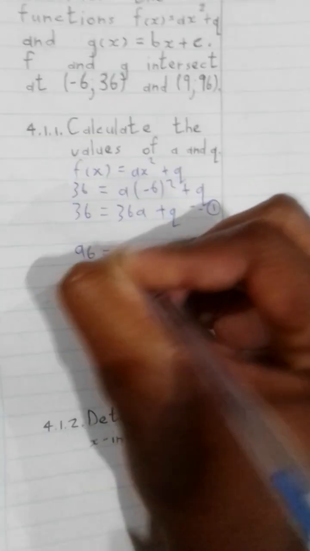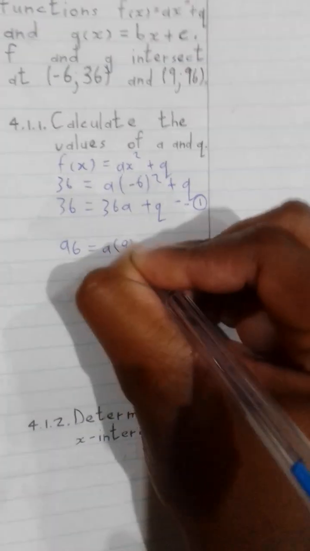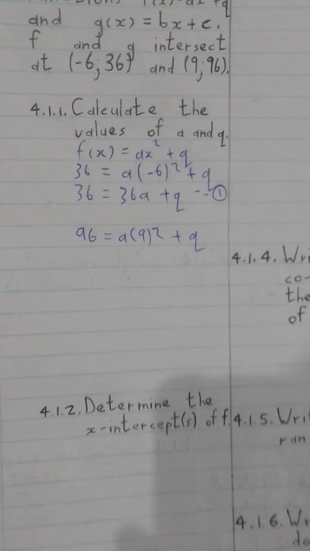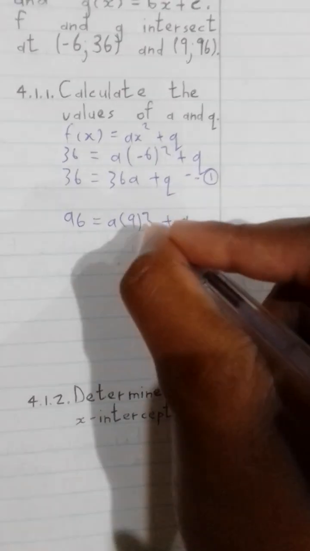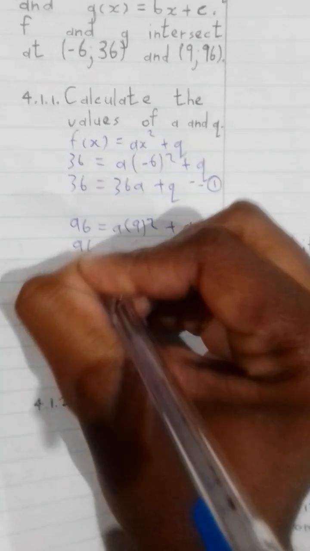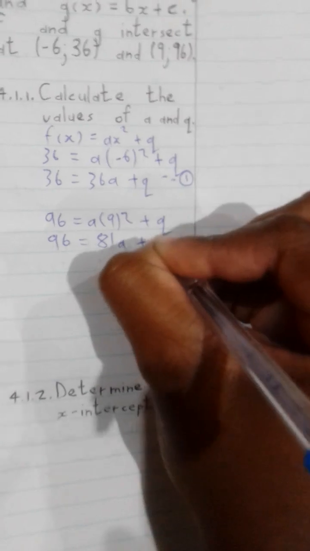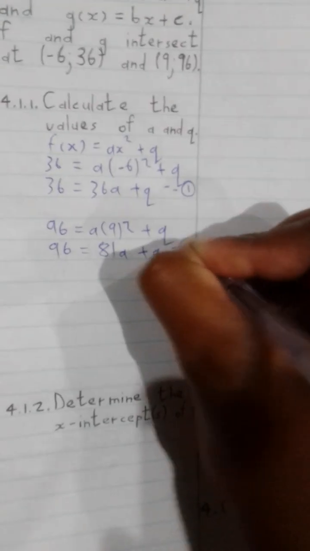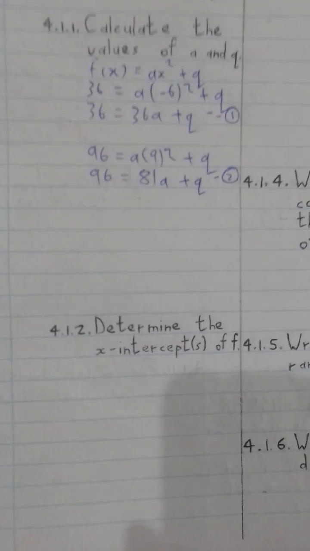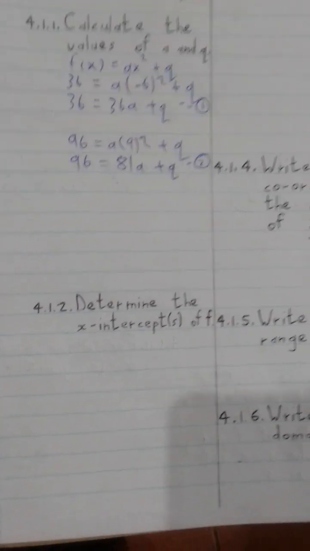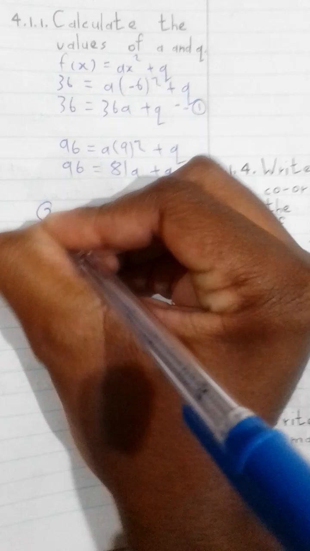96 equals a times 9 squared plus q. 9 squared is 81. 81 times a is 81a plus q. This is equation number 2. Then we're going to say one equation minus the other. Let's say equation number 2 minus equation number 1.